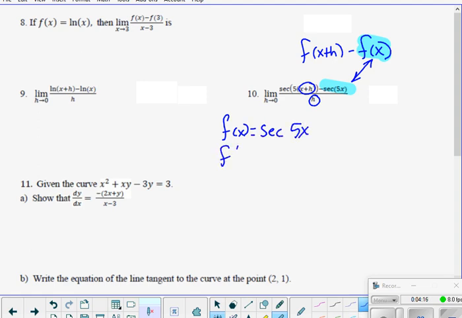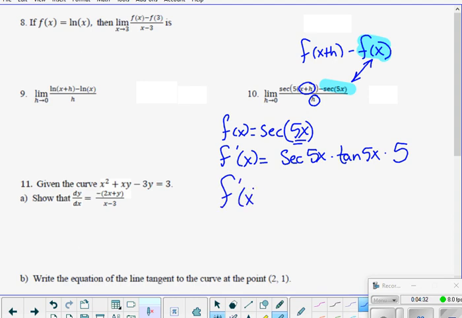Now I just need to take the derivative of that, and the derivative of secant is secant times tangent, and then take the derivative of that inner function, which is a 5, so I get f prime of x equals 5 secant 5x times tangent 5x, done.